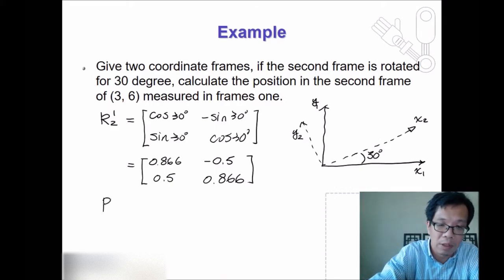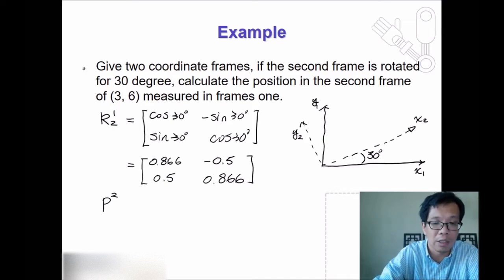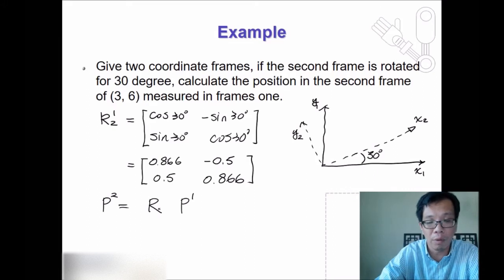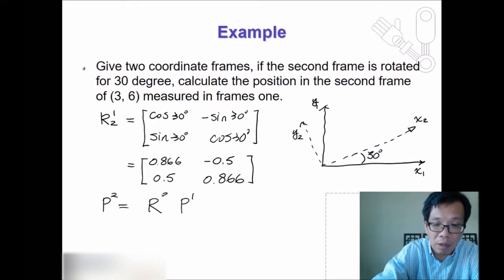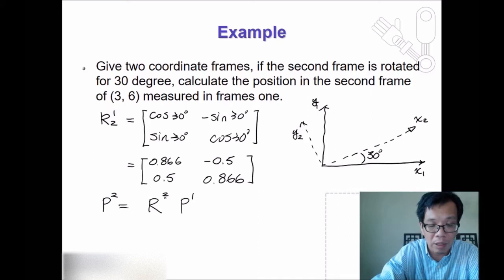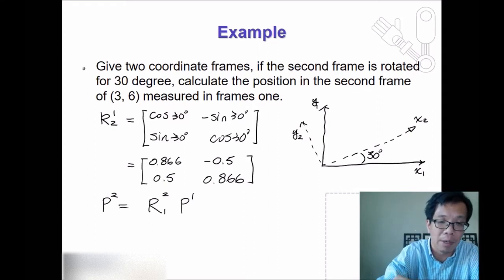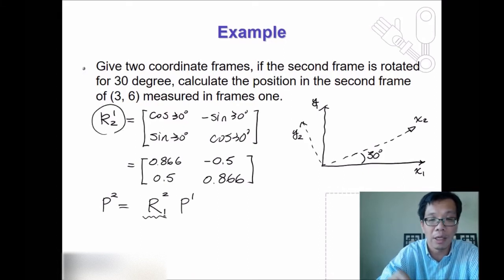Pretty straightforward. Now, we want to find out the position or the coordinate of the point measured in the second frame using the information we measured from the first frame. So what we need to do is describe the second frame from the first frame. But the one we derived over here is not this one. However, you might notice this one is the inverse of this one.